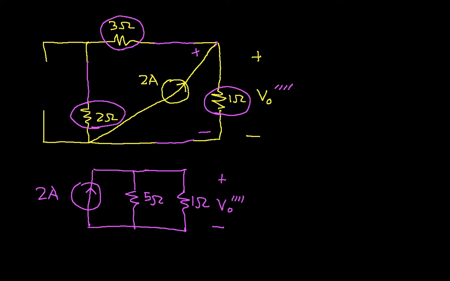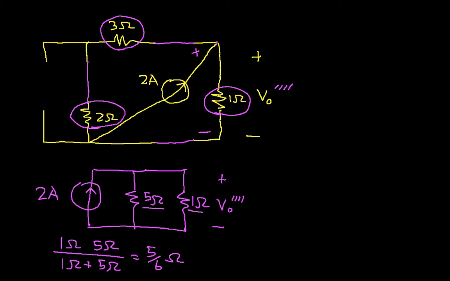Now I can replace the 5 ohm and 1 ohm resistor by their parallel combination, which is going to be 5/6 of an ohm. I get that by 1 ohm times 5 ohms over 1 ohm plus 5 ohms. This gives me 5/6 ohms.